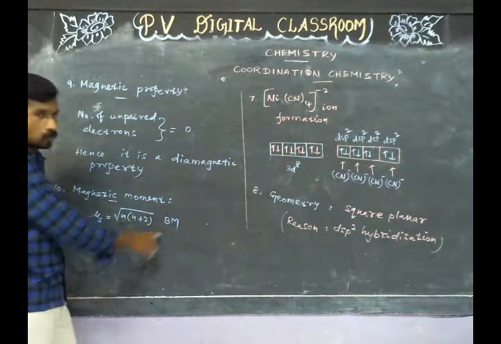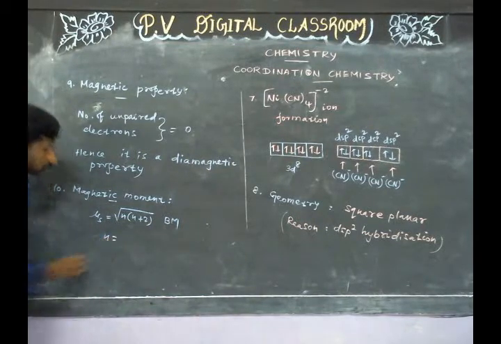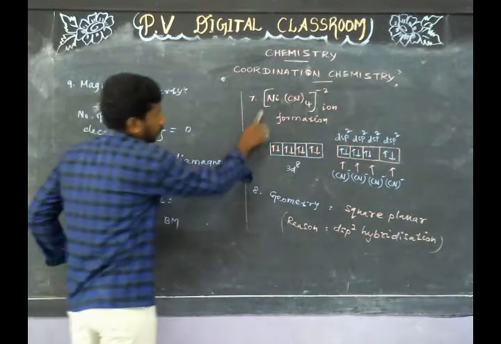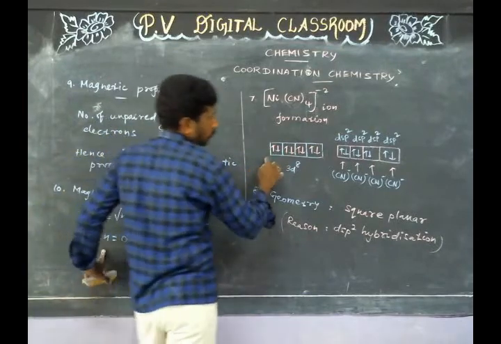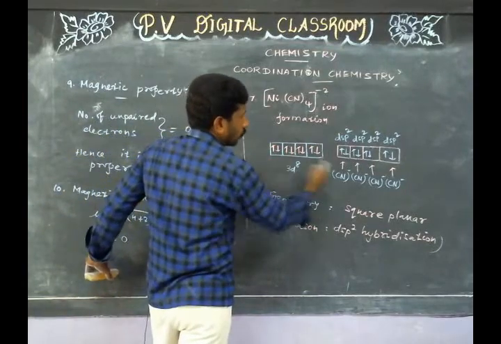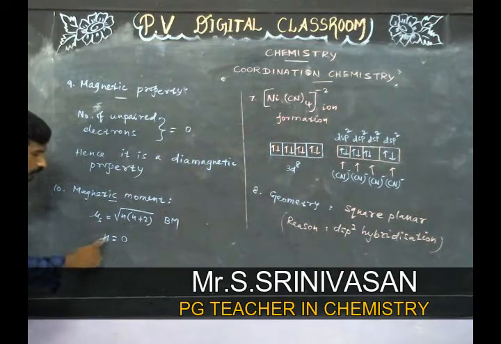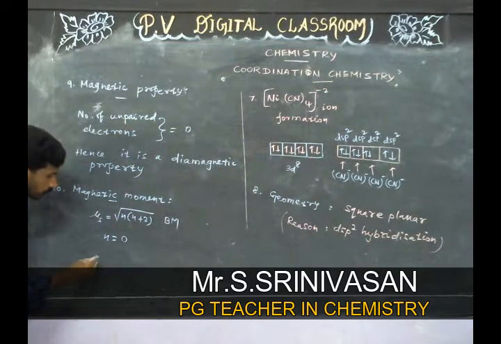BM represents Bohr magneton. Here n is equal to 0 since the given complex has no unpaired electrons. Since n is equal to 0, the magnetic moment of this complex is also 0.